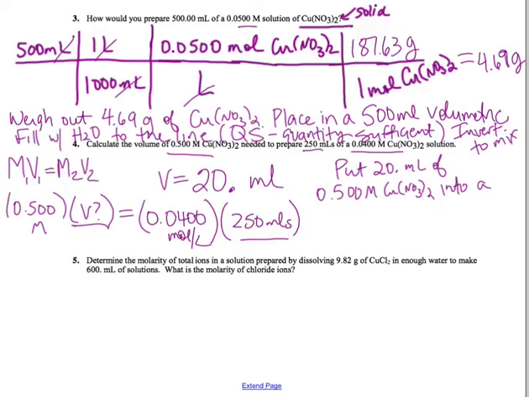What am I making? You're trying to make the 250 milliliters of 0.0400. Right. So what am I going to put that 20 mils of stock in? The 250 mil flask. Into a 250 mil flask.